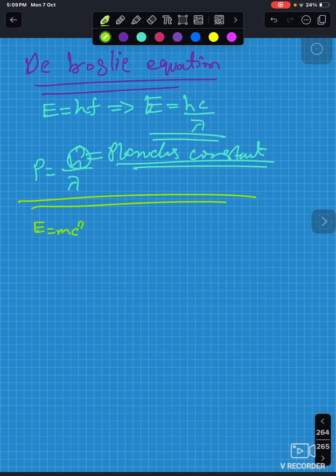We know that E equal mc square, right? And P is equal to h over lambda, and we also know that, because there's an equation, if I'm right, E, what was that equation?